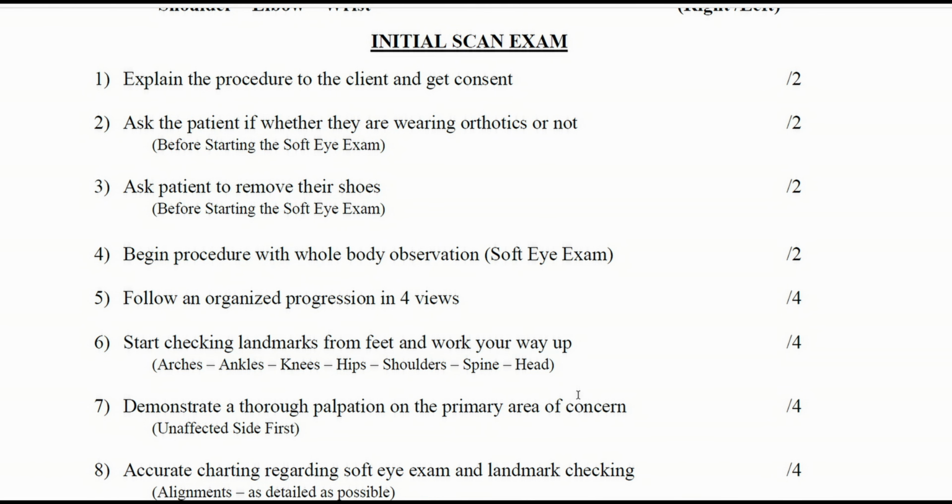Now this is where you have to make a call. Should I continue by asking to remove their shoes at this point, because you have to check their arches and ankles and knees, hips, or do I go back and do another soft eye exam as quickly as possible? Well, if you have the time, go for it, because we definitely want to see a complete proper exam.